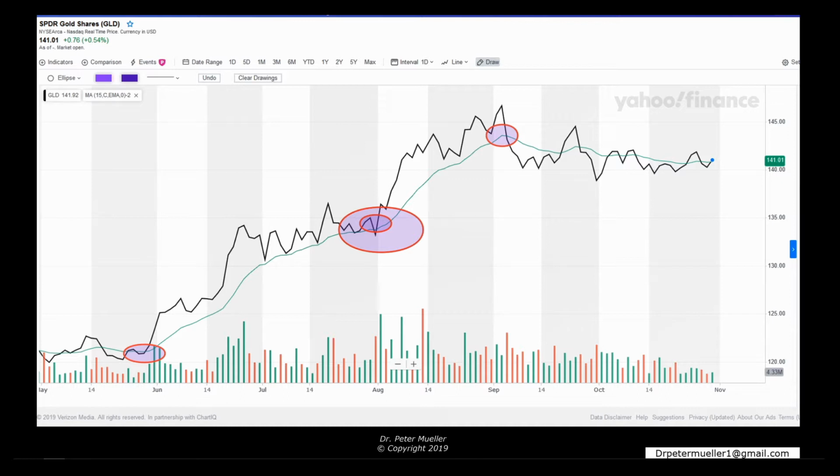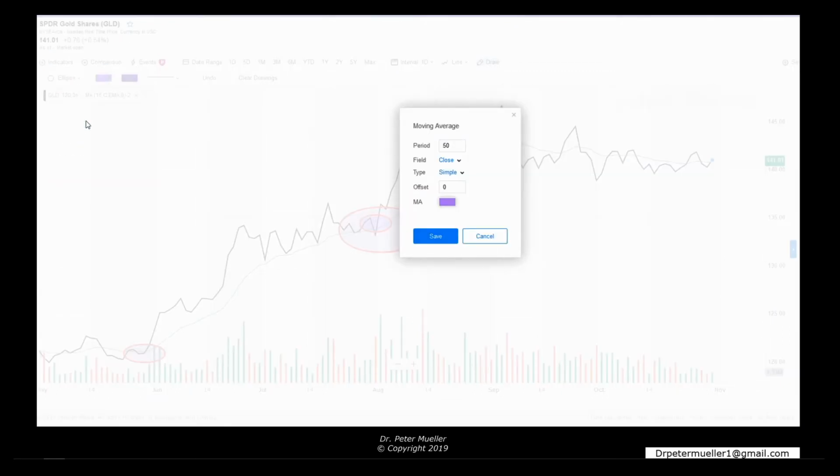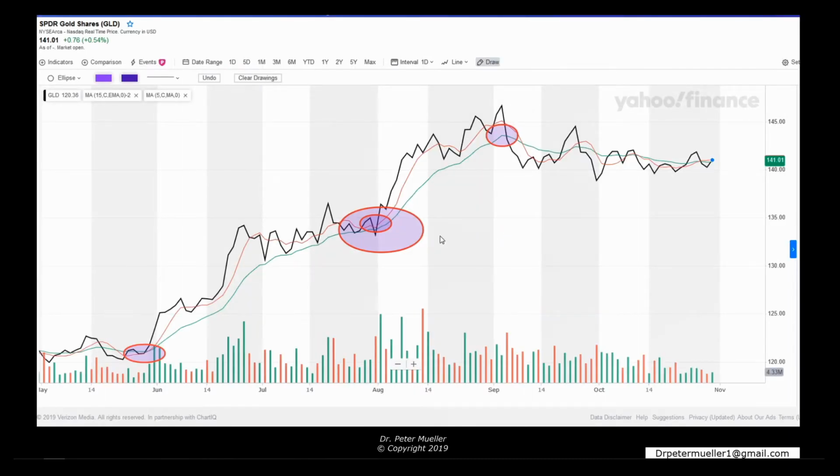And there you have always a long moving average and a short one. In this particular case here, I have a 15-day moving average. The 15 is a pretty long time interval, and the short moving averages, most traders, they are somewhere around 5, which is typically a trading week.